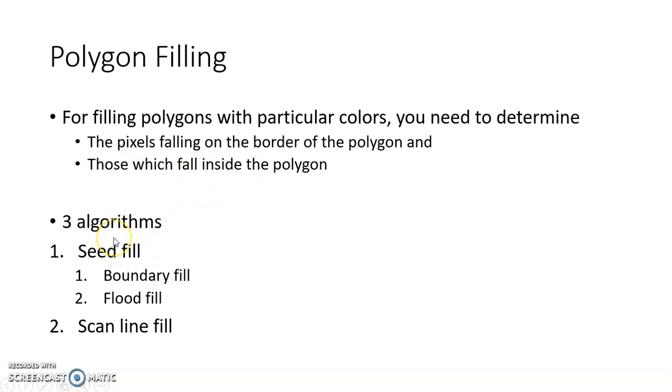There are three algorithms for polygon filling which we will see. The first is the seed fill algorithm, which can be boundary fill and flood fill. Scanline polygon fill algorithm is also used for polygon fill.